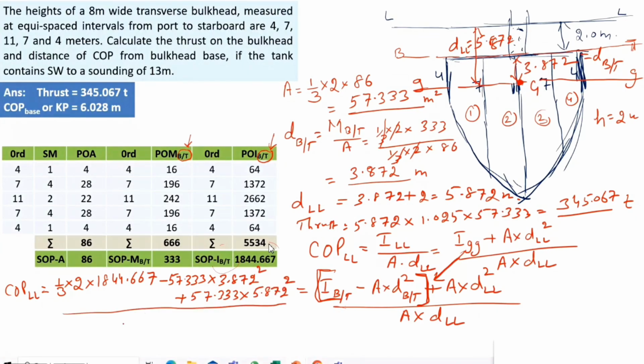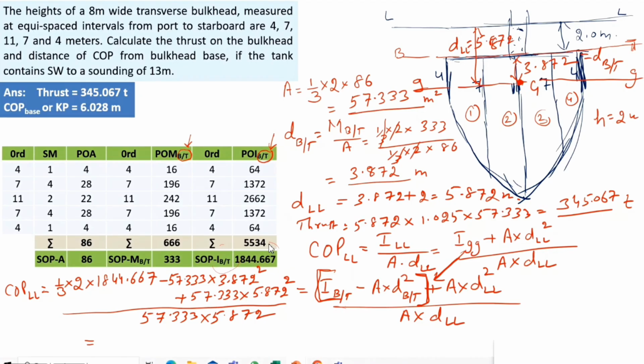The whole thing is divided by area 57.3 multiplied by D, which is 5.872. And this will give you the COPLL.